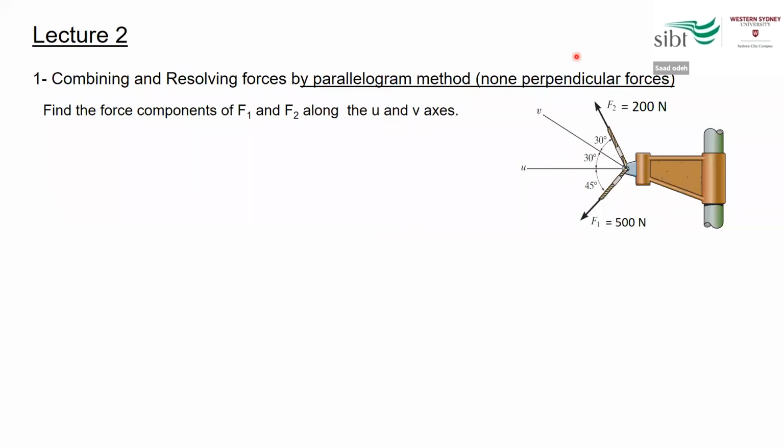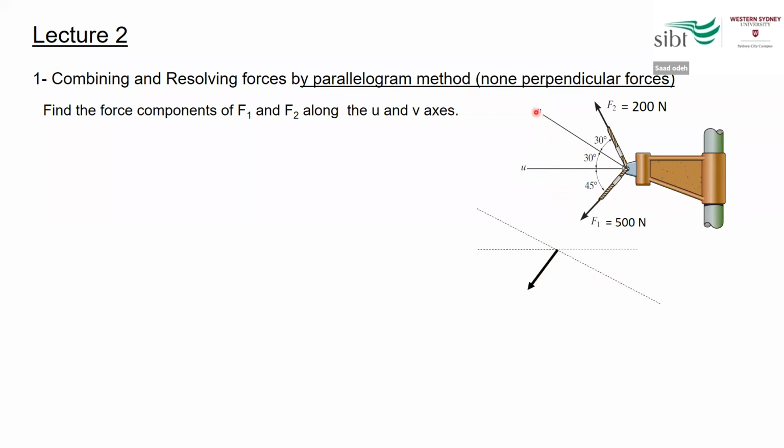In lecture two, we use the mathematical method to find the resultant or the component of the resultant of a force. For example, if we have two forces here, F1 and F2, and I want to find the component of F1 along the U-axis and V-axis, I can draw this force individually like this.